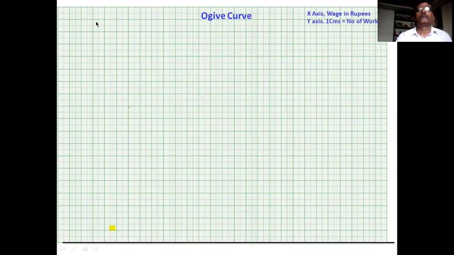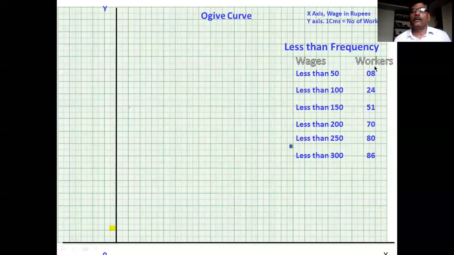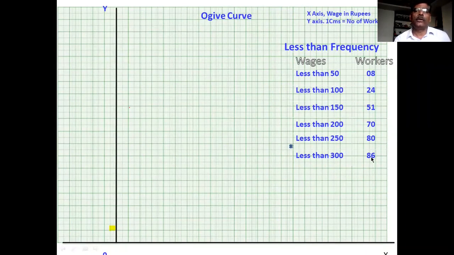Ogive curve, the same axes, x-axis, y-axis. I have taken the wages less than 50 up to less than 300. The workers are cumulative values, and the highest value is 86. 86 is the highest value in the cumulative frequency, and you have to fix that 86 value at the y-axis maximum.